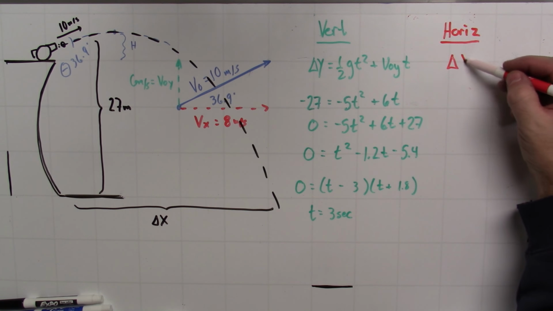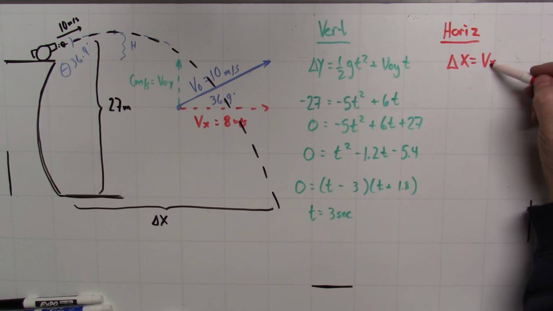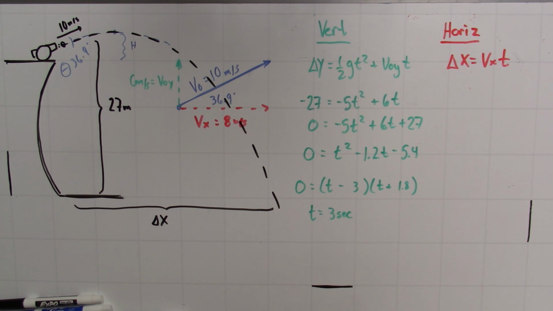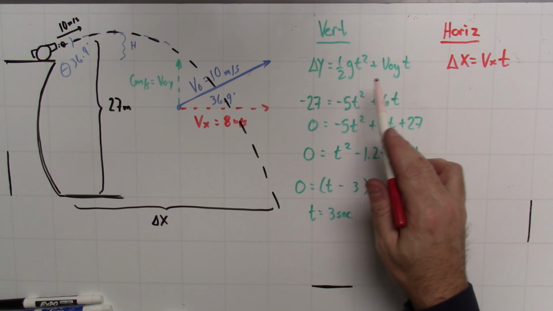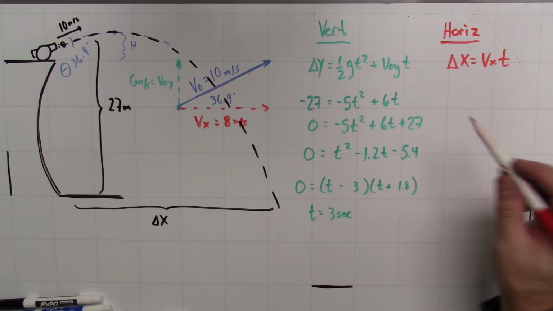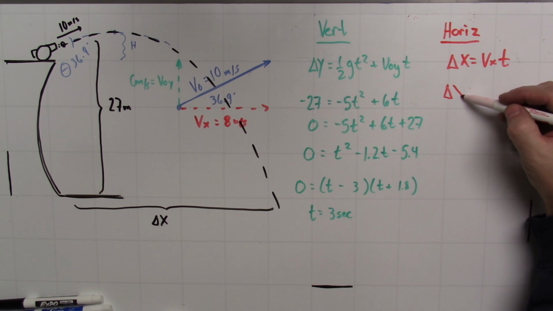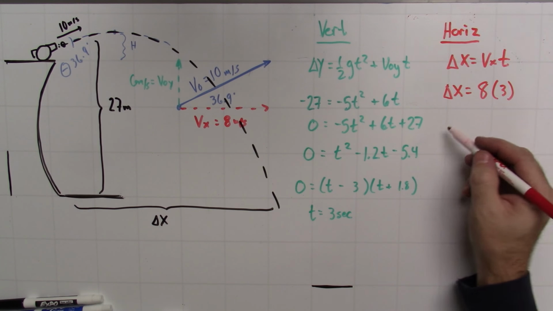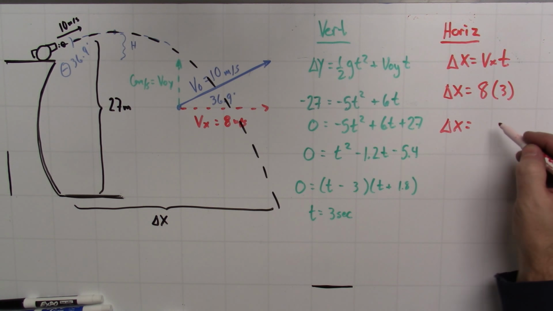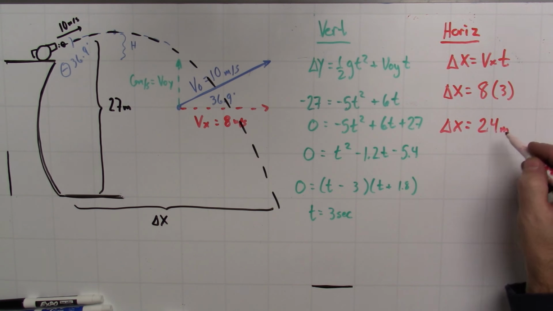We know that in the horizontal direction, delta x is equal to vx t. These equations are slightly different because this is a constant speed equation. Vx is our original 8 meters per second times 3 seconds. So delta x is equal to 24 meters.